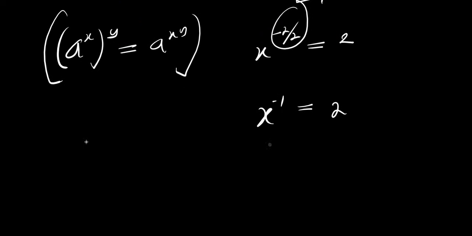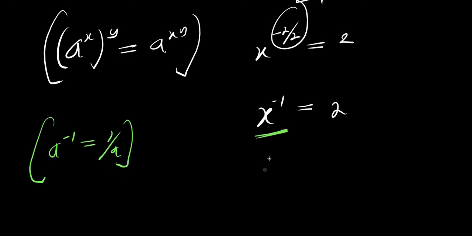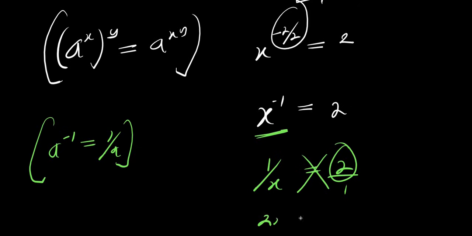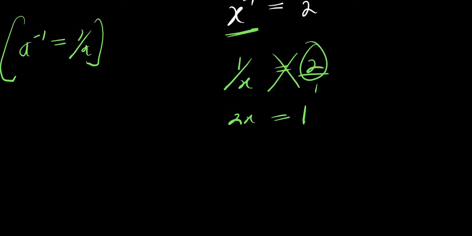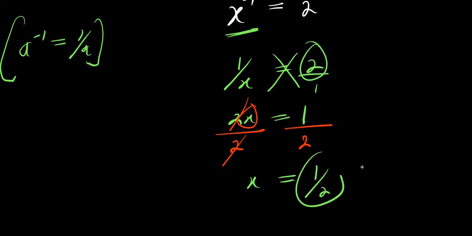And don't forget that if you have a power negative 1, this equals 1 over a. So this is 1 over x equals 2 over 1. We cross multiply, 2 multiplies x, we have 2x equals 1 multiply 1. We have 1. I isolate x, divide this by 2, divide this by 2. 2 eliminates 2. This is 1 over 2.